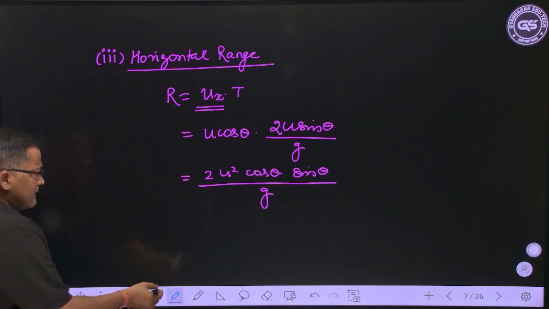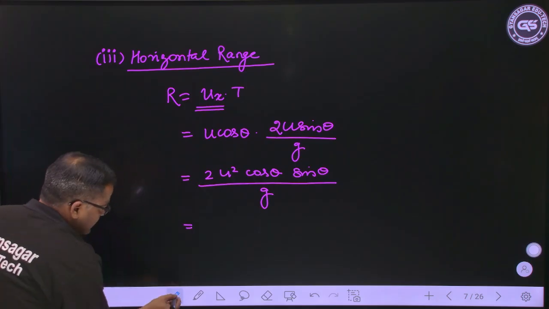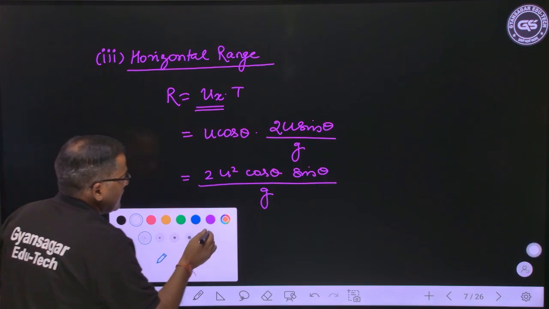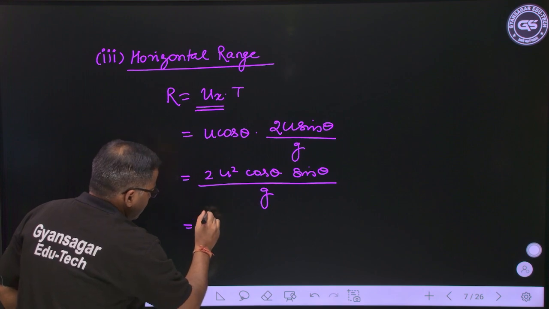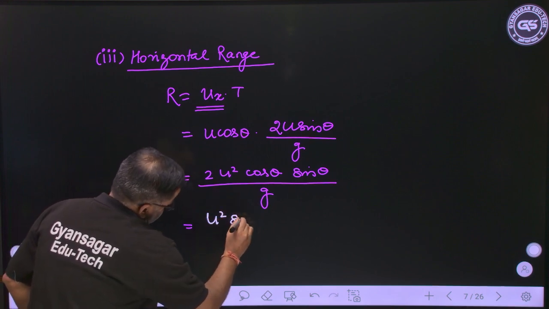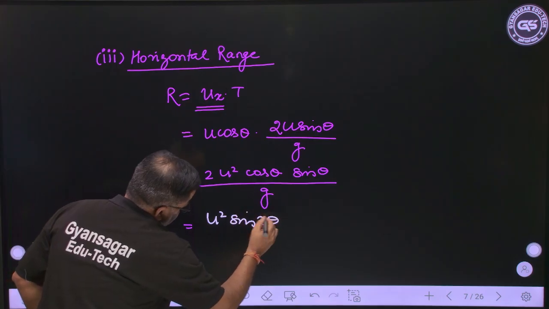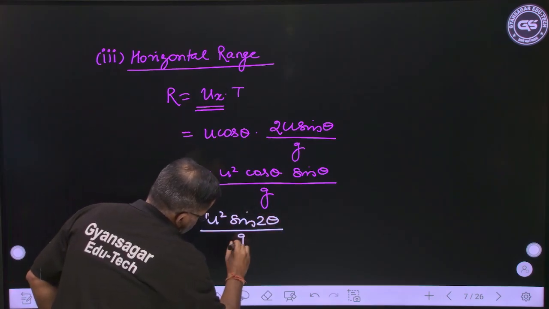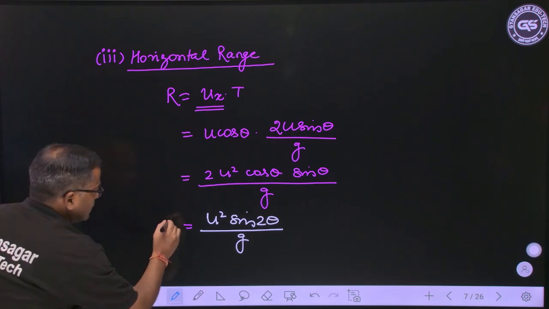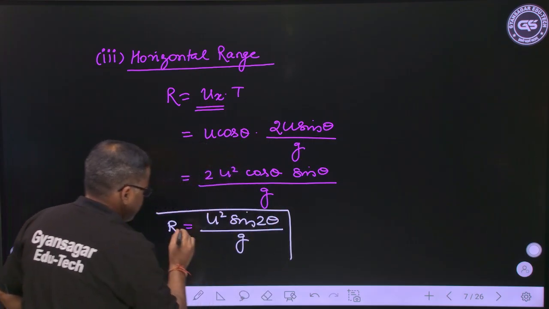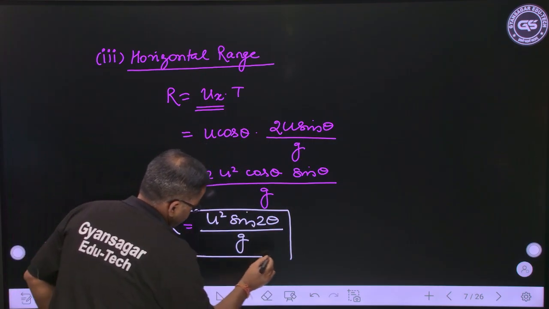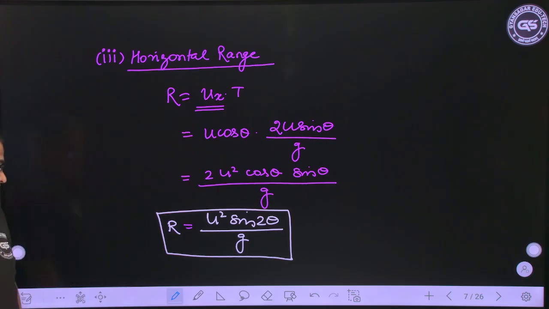So from here we get u square sin 2 theta by g. So horizontal range is given by this. Okay.